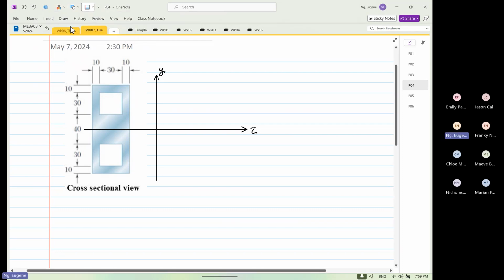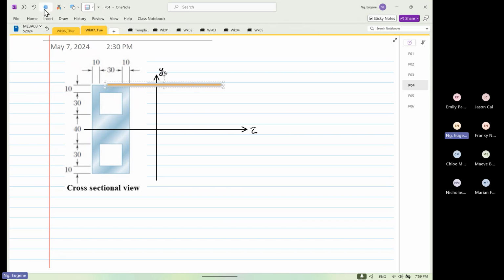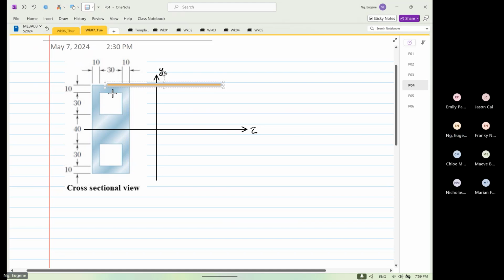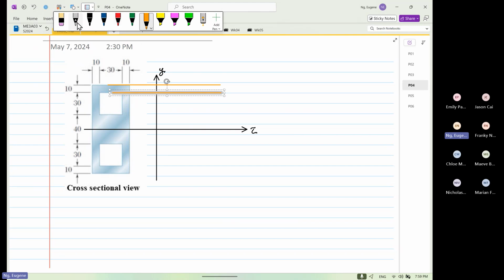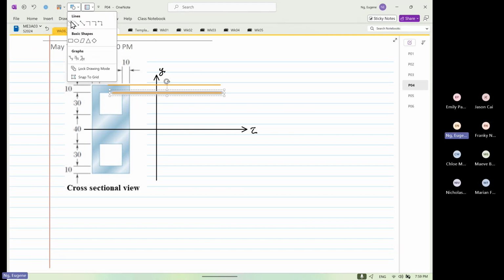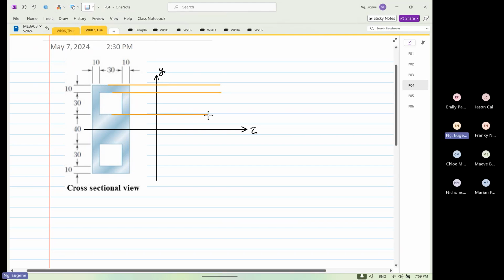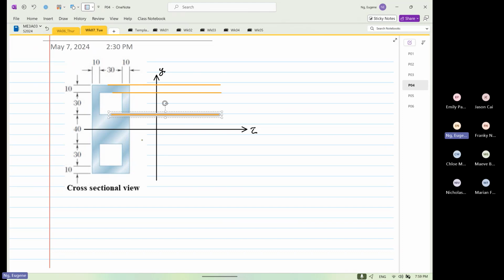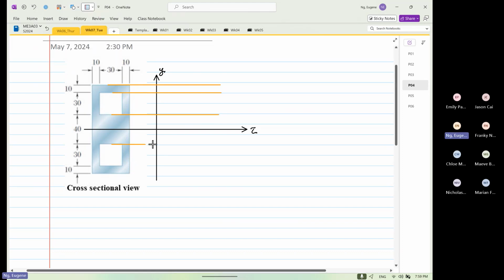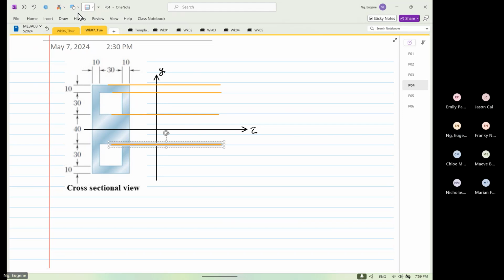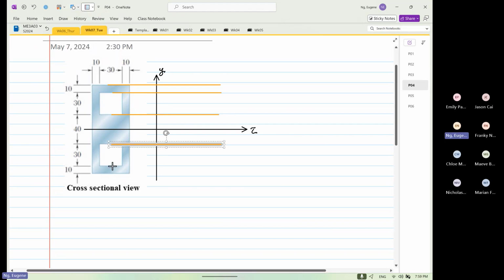And I draw this location because the thickness changes, as you can see. Down here is one thickness. Over here is another thickness. And then you have another thickness over here. The thickness changes, right? And then you have a thickness change from here. Okay. And your thickness changes again.